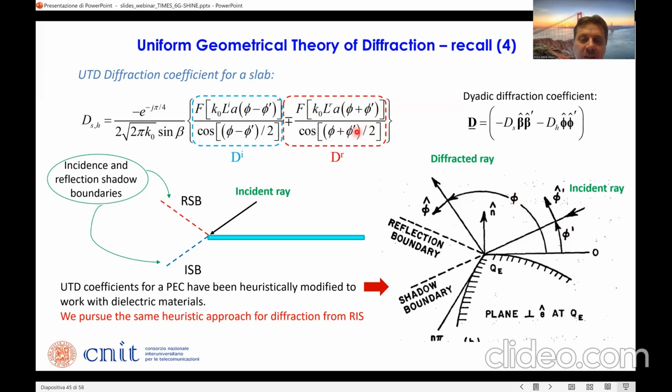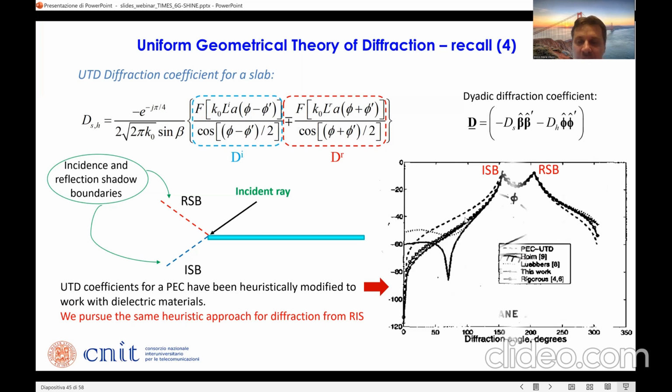So those two angles are contained inside the diffraction coefficients. And also in the diffraction coefficient, we have this Fresnel transition function that ensure smooth transition across the shadow boundary, so that we don't have singularities on the shadow boundaries. And this is the trend, the behavior of the diffraction coefficient for different diffraction angles phi.